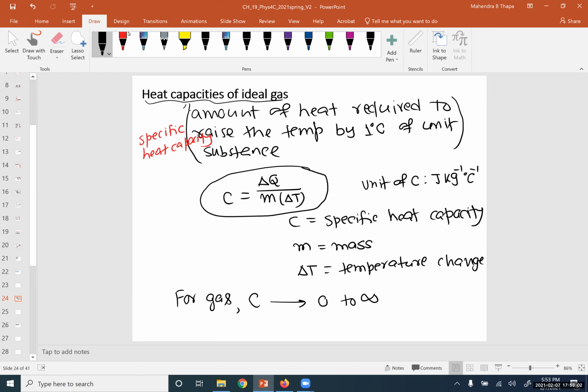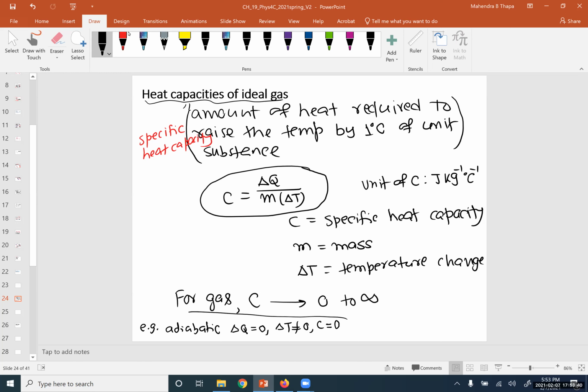So when it is 0, we are not supplying any heat, but there could be a change of T. For example, you can consider the adiabatic scenario, where we are not supplying any heat. So dq will be 0, but your change in temperature is not equal to 0. In this scenario, we can say the specific heat capacity of gas will be 0.